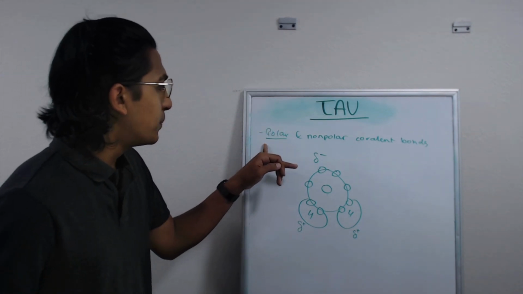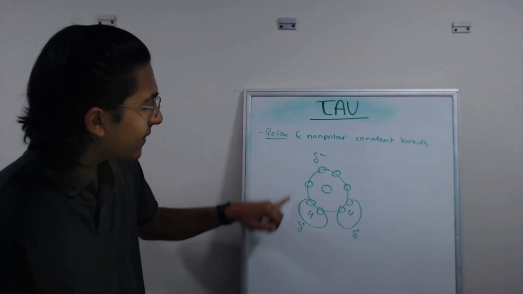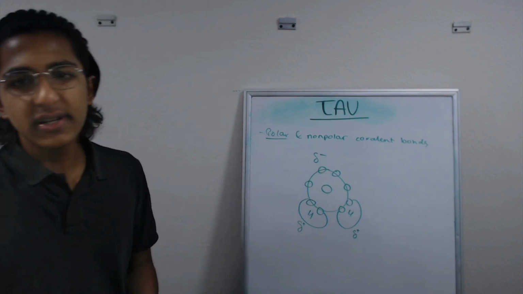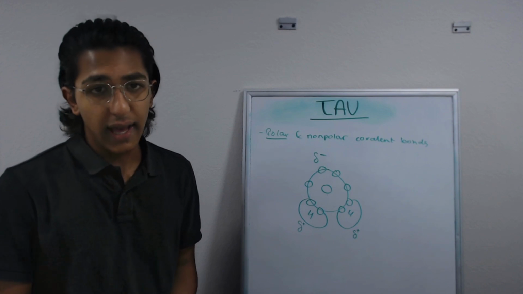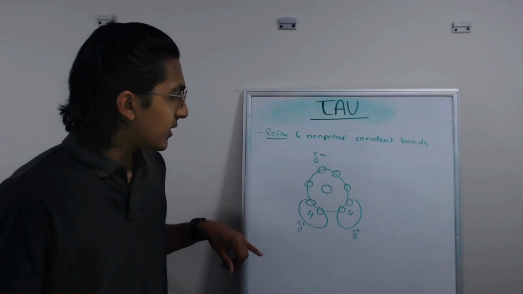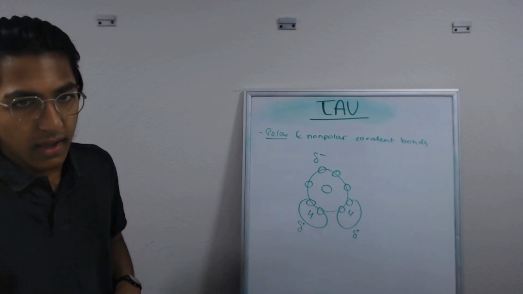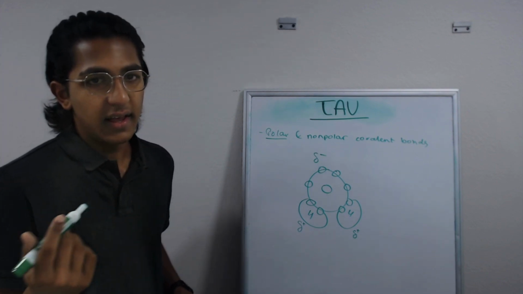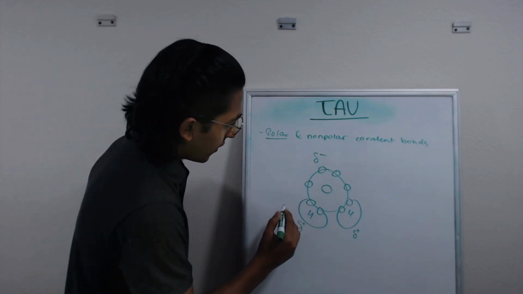So this is what you call a polar molecule. Polar molecules form when you have these partial charges. These partial charges are going to be there no matter what type of covalent bond you have. But the thing is about the symmetry of the bond.